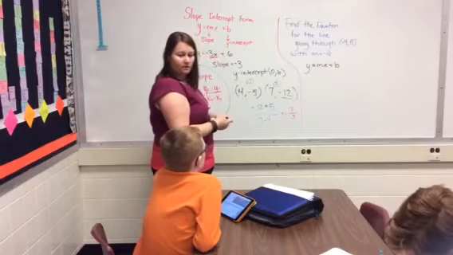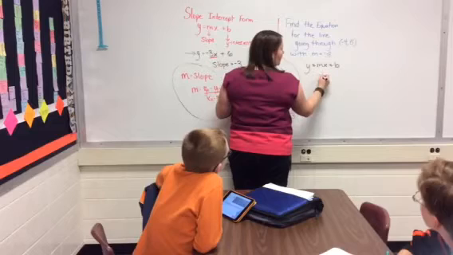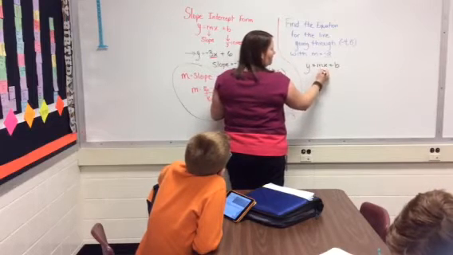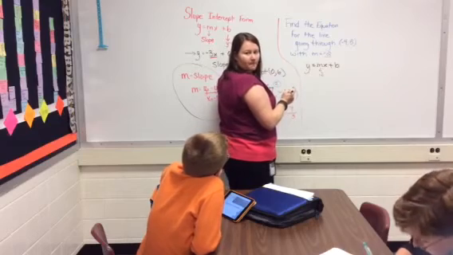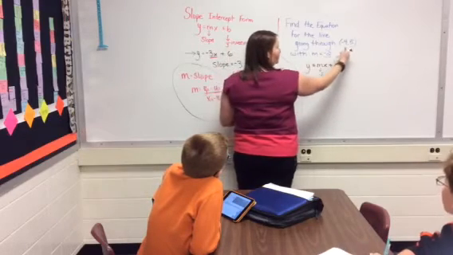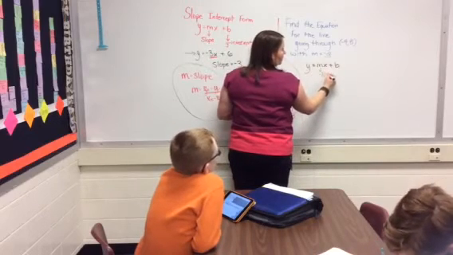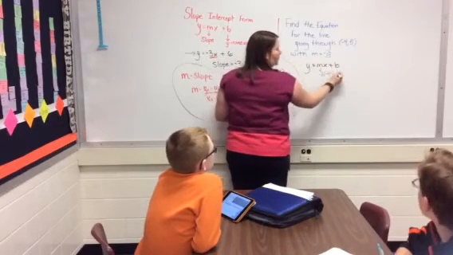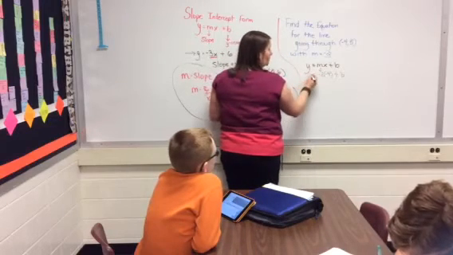We know the slope is negative 2. So I have negative 2 here for M. Do I have an x coordinate and a y coordinate? Yes. Here's my x, here's my y, right? So I have negative 2 times negative 4 plus b, which we don't know, which we're looking for, equals 5.